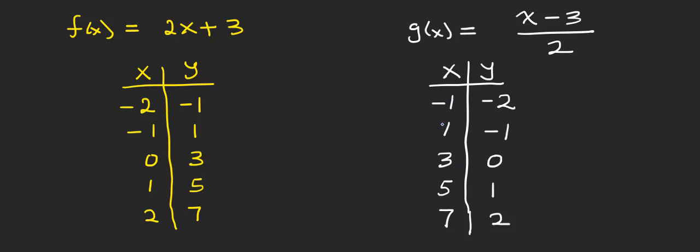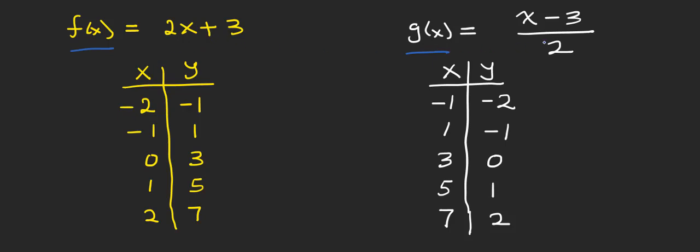When this happens, we call f of x and g of x inverse functions of one another. So basically, the domain of f of x became the range of g of x, and the domain of g of x became the range of f of x.